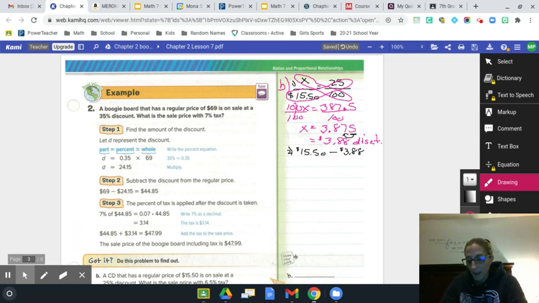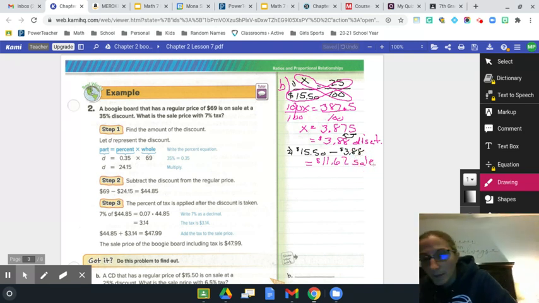So calculating. When you subtract, you should get $11.62. That's the sale price of the CD. Okay, so the second step. So we've figured out the 25% discount.